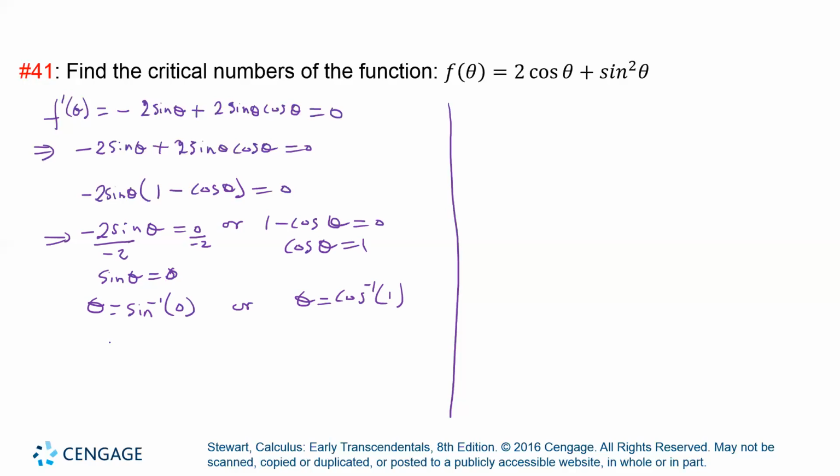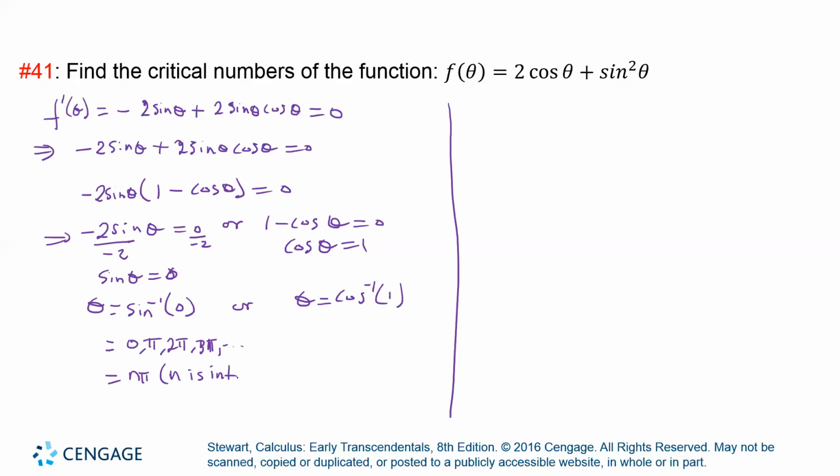So we want to find the angle whose sine is 0. As you can see, this will be 0, pi, 2 pi, 3 pi, and so on and so forth. So generally, this is n times pi, where n is an integer.